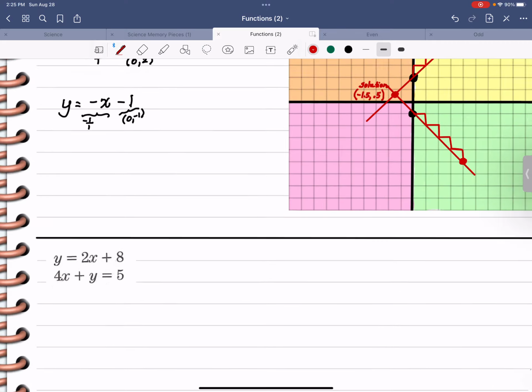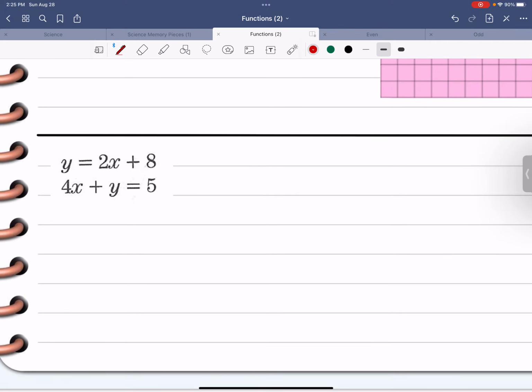Okay, finally, we have this fella where we have one of them in slope-intercept. I don't like graphing on this one because the numbers are bigger. And then one of them in standard form.